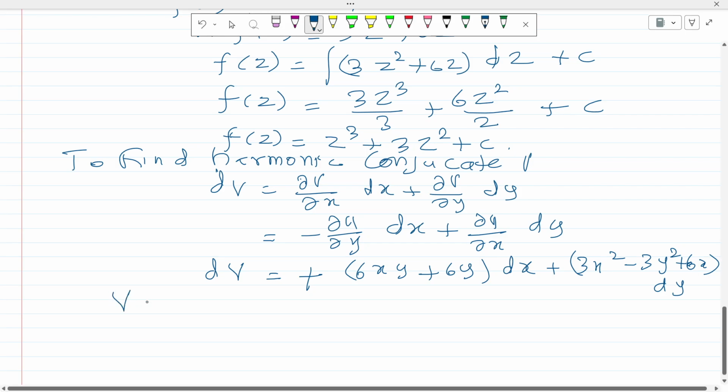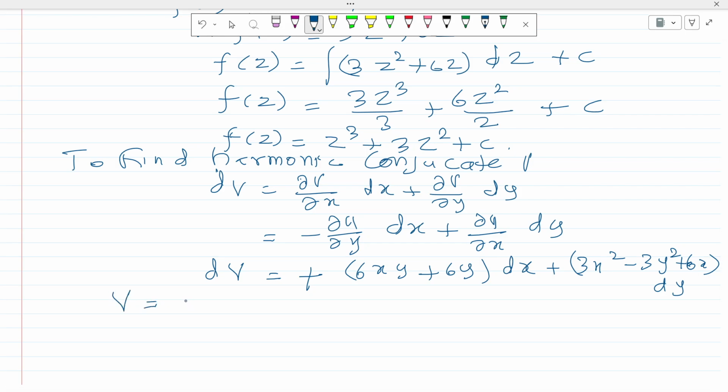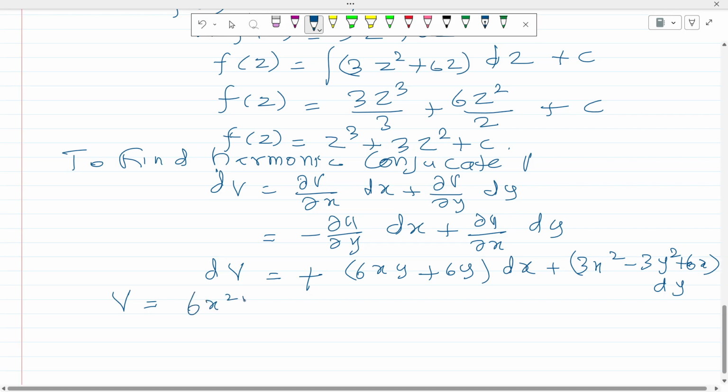Then what is v? v is the integration. That means you integrate with respect to x: 6x square y by 2 plus 6xy. Then integrate with respect to y, you will get 3x square y minus y cube plus 6xy.